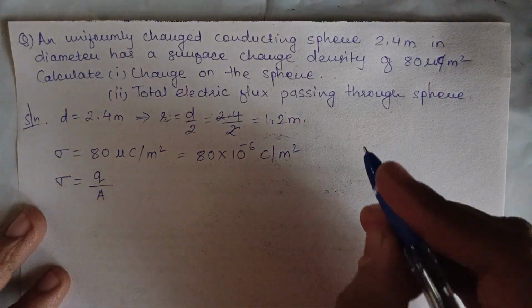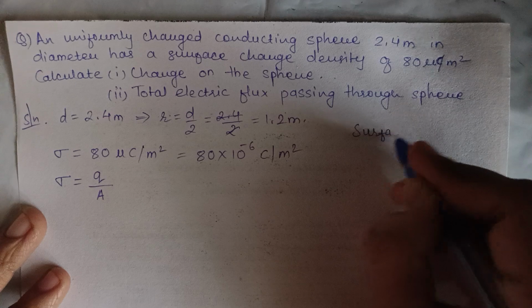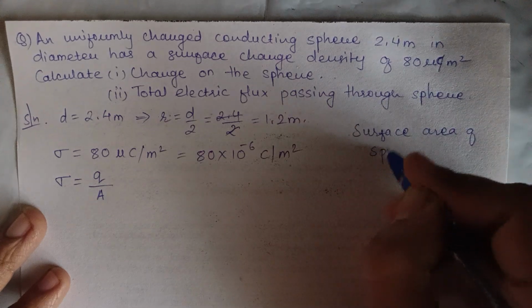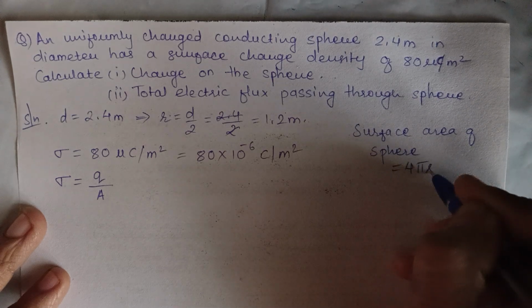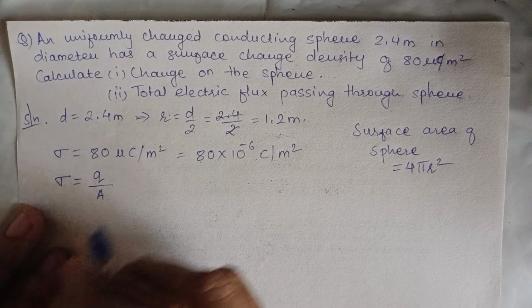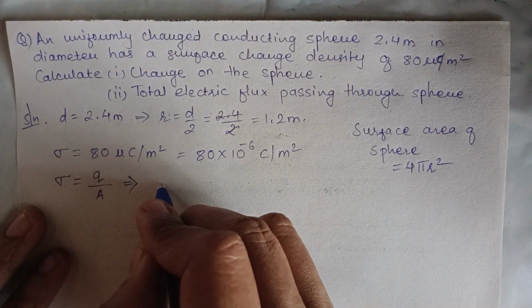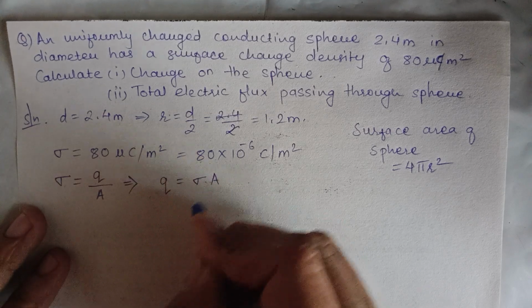Correct? So the surface area of a sphere is 4 pi r square. So we want charge, right? Q is equal to sigma into A.